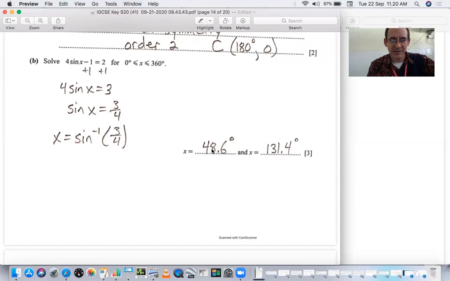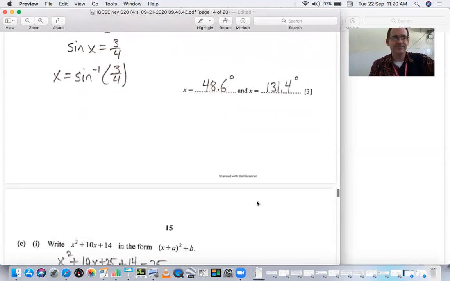So 48.6 is the first quadrant, then you put 48.6 in the second quadrant, which means you have to go backwards from 180 to get to the 131.4. Remember to always use your x-axis as your point of reference. Do not use the 90 and 270 as your reference. That's the y-axis.